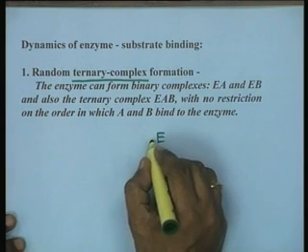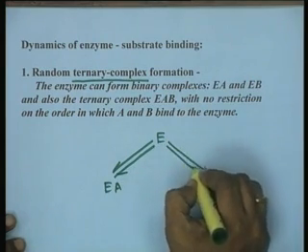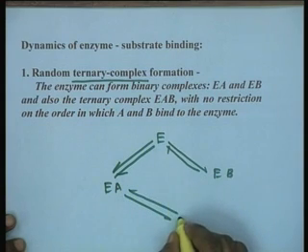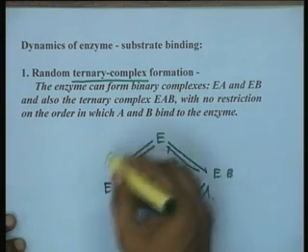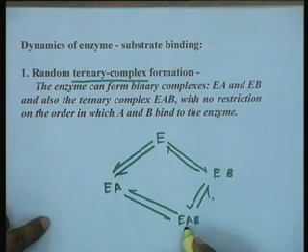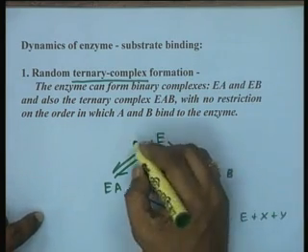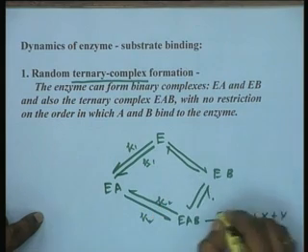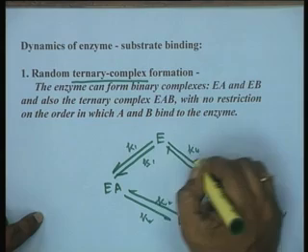Now, essentially you can express it in a mechanistic way: the enzyme E going to EA or EB, and essentially again EAB. Obviously, these four will be in a cyclic form, and the EAB then goes to form your E plus X plus Y, and of course there will be a rate constant at each stage: K1, K minus 1, K2, K minus 2, K3, K minus 3, K4, K minus 4.